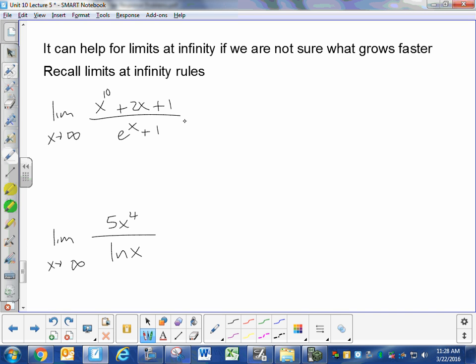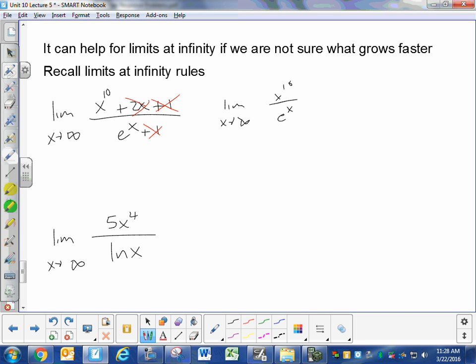Because as we plug in bigger and bigger values for x, this will dominate what is going on in my numerator. And that 2 times the large value plus the 1 will end up being like adding a very, very small decimal point to a very, very large number. Okay? This won't matter, and this won't matter. The 1 won't matter. So really, we just have to compare x to the 10th to e to the x.